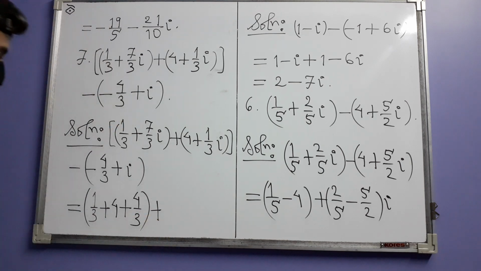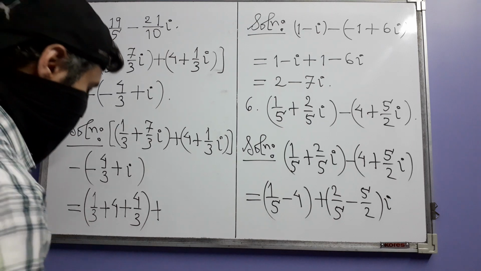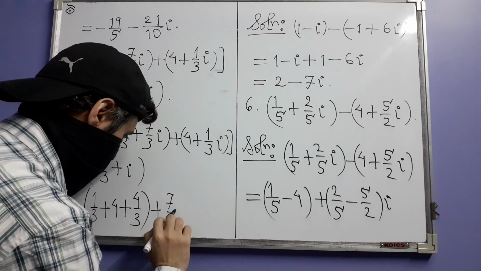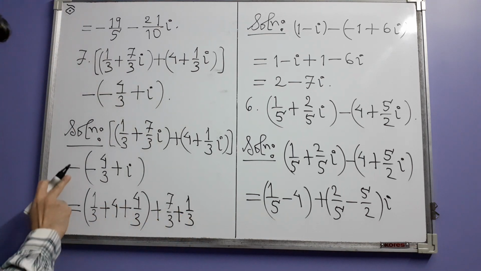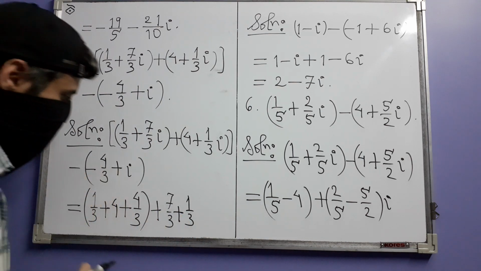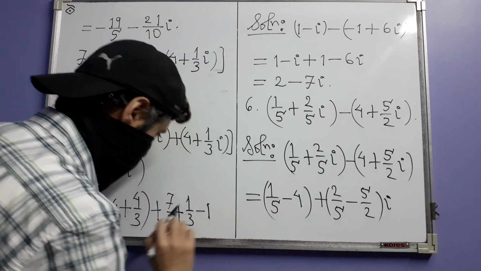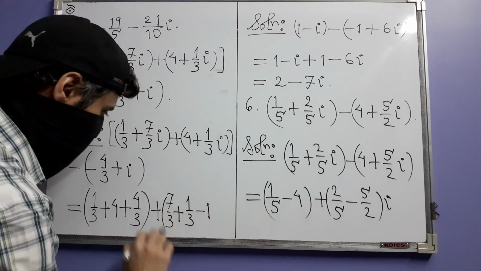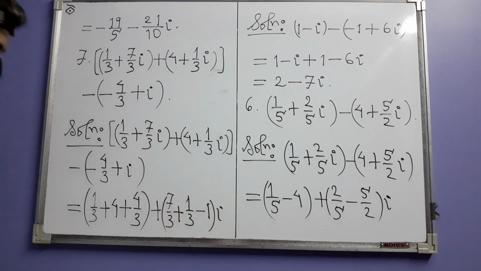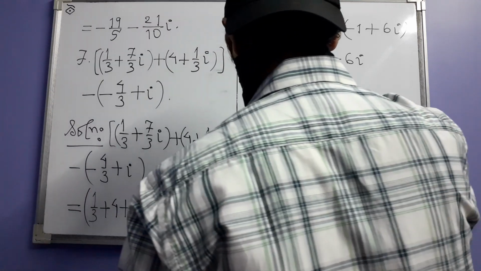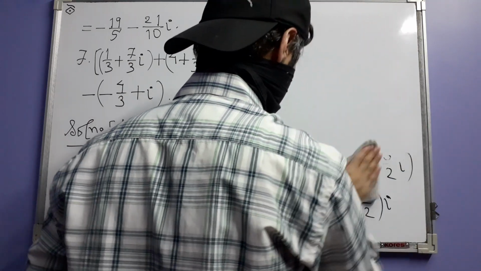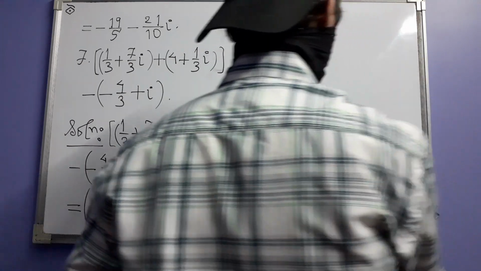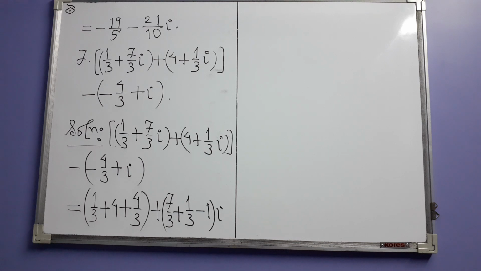Plus, what about the imaginary part? 7 divided by 3 plus 1 divided by 3, the things we have with i, minus i. Okay, you have to be careful with the signs. That means minus 1 i. Now what will you get if you do the calculation?